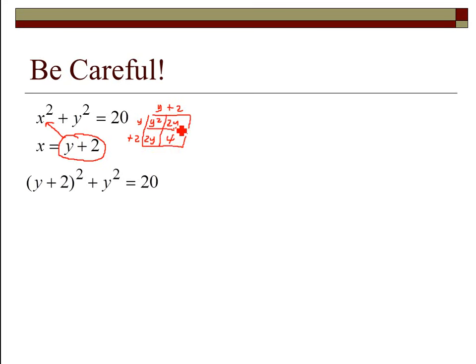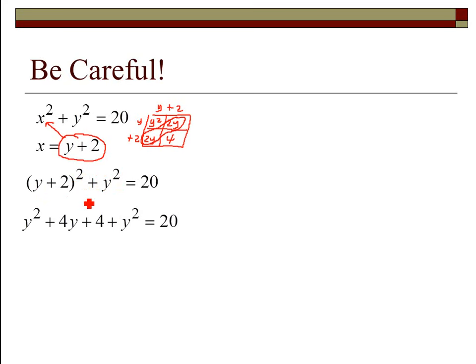So I get y squared plus 4y, and this is the part that people always tend to miss, plus 4. So that's when you're squaring it. So be careful. Now there's a shortcut to squaring. It's the first term times itself, that's y squared. Multiply these two together, that's 2y, and double it, gives me 4y.